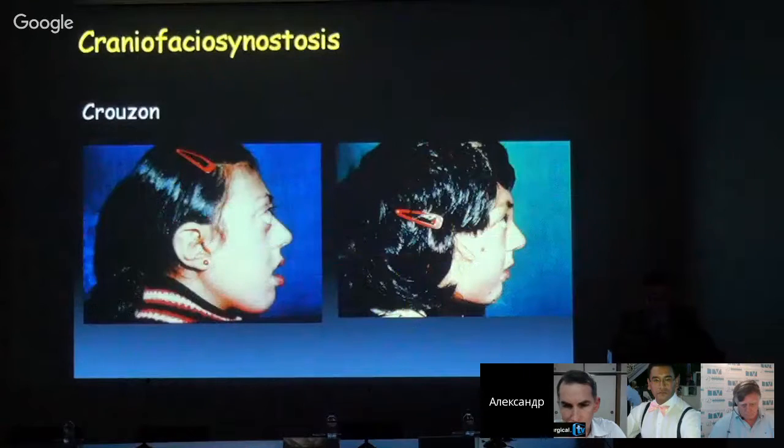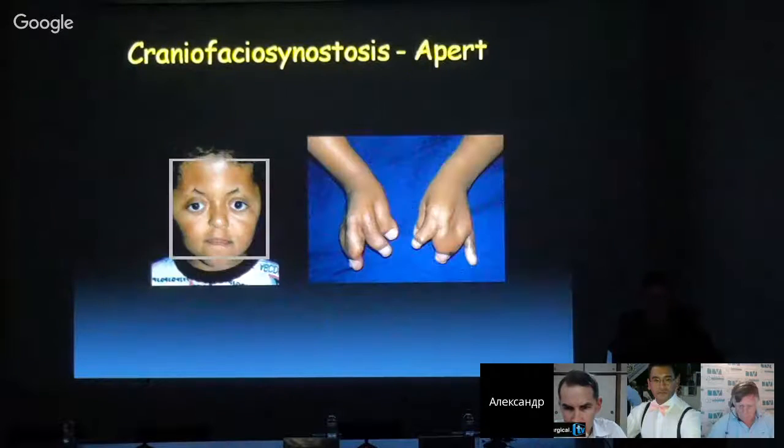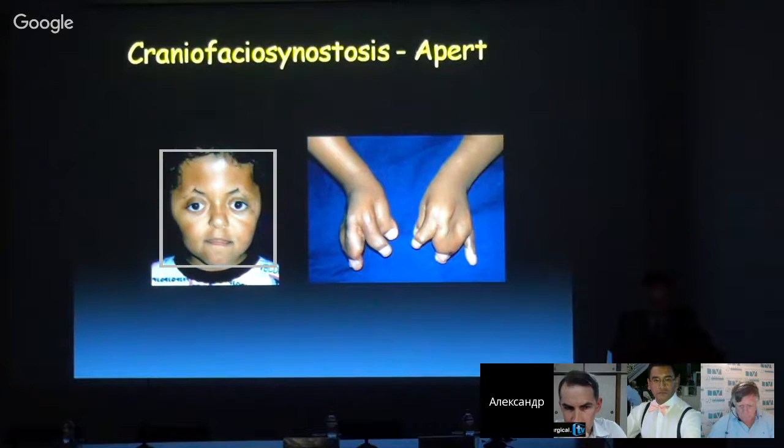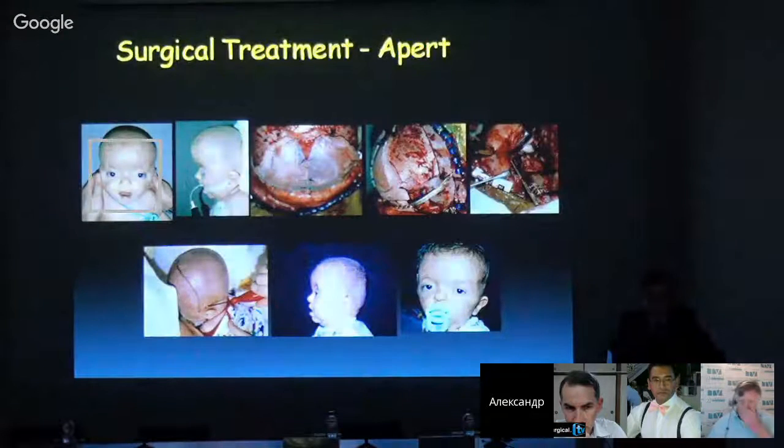These patients have a very high difficulty to breathe because the middle part of the face does not grow, and you have extreme situations like this patient with Apert's disease. You have syndactyly, and the correction is the same as we do in Crouzon's disease.